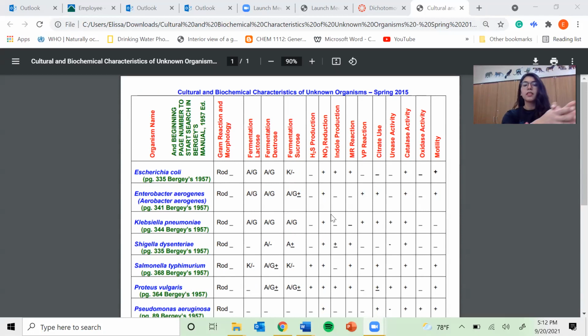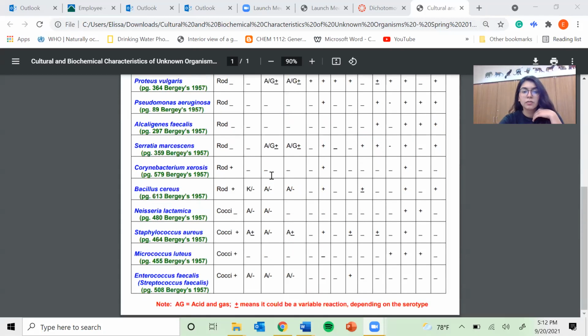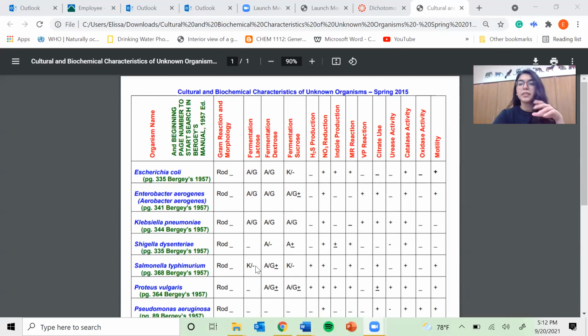So this is the sheet that you all have. And okay, there's 2 ways to go about starting this. First, let me give you a quick rundown about the symbols. I know a lot of people have questions about that.